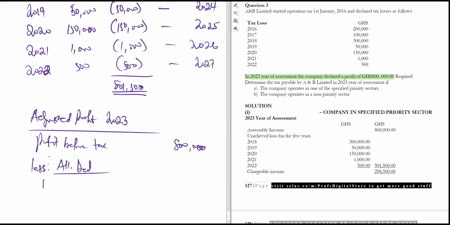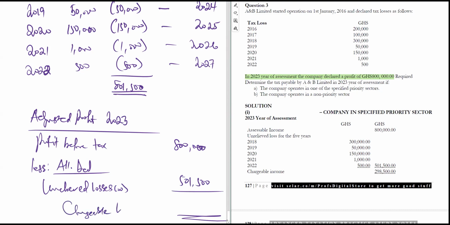What did we have? We had unrelieved losses, and we have already worked for it. How much was it? 501,500, for the previous 5 years. And that gives us our chargeable income. How much is our chargeable income? 298,500.